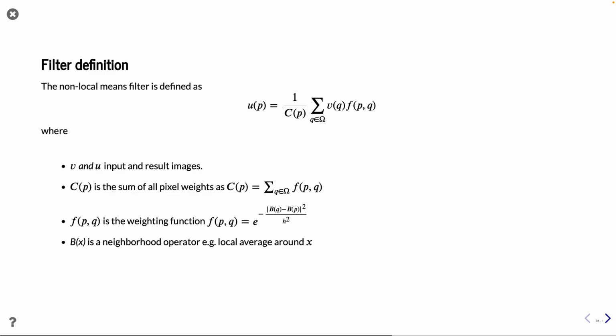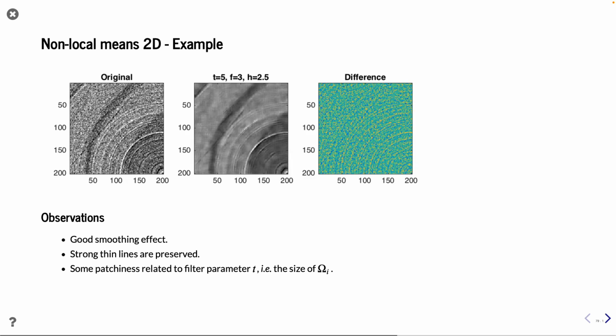And the thing with that filter is that it actually does a pretty good denoising job. I mean, you can see here the noise is essentially gone. The rings are not gone because they are very strong structures in this case. If it was in 3D, I think the rings would also disappear. So what we get is a very good smoothing effect from this filter.